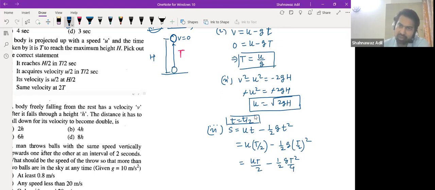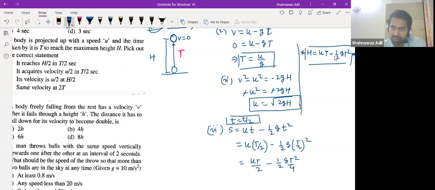Yes, sir. So let me also write this one. The third, or let's say the star equation, h is ut minus half gt square, right? The total time. So in total time, this is my h.